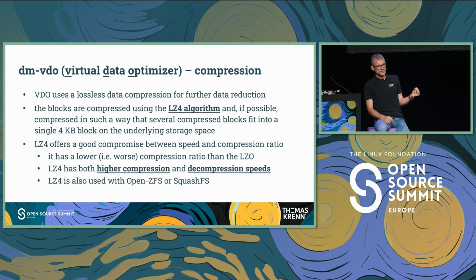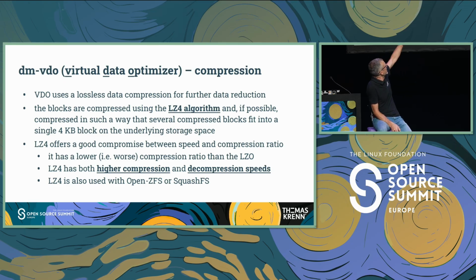For the compression, it uses the LZ4 algorithm to provide a lossless data compression for further data reduction. If possible, it compresses it in a way that several blocks fit into a single 4K block on the underlying storage space, because this is the block size which is most often being used.